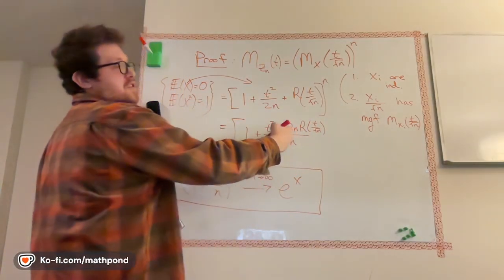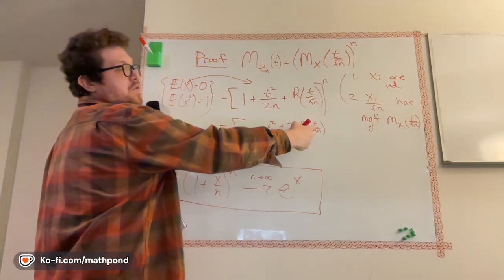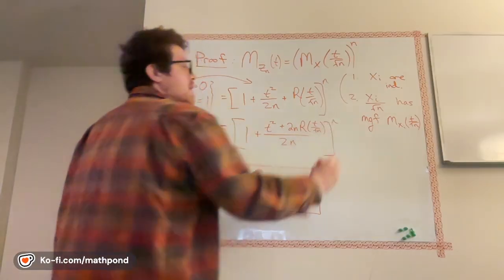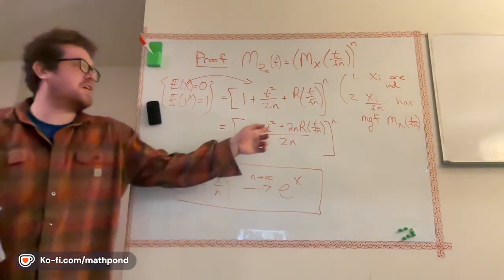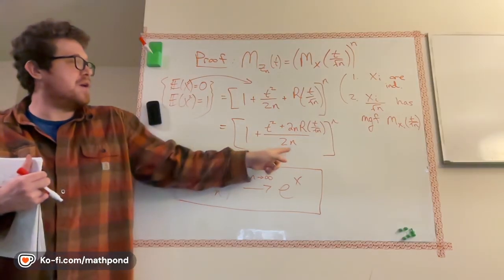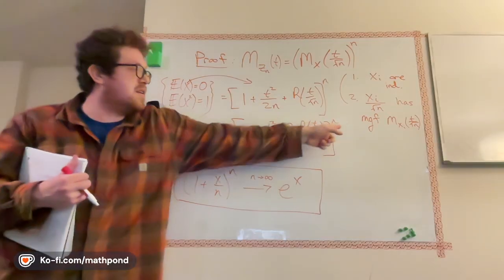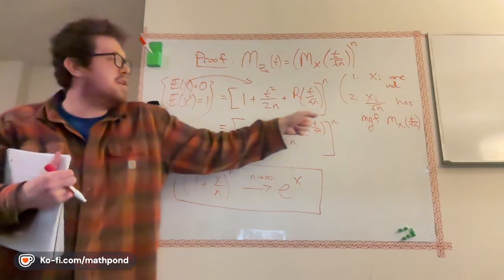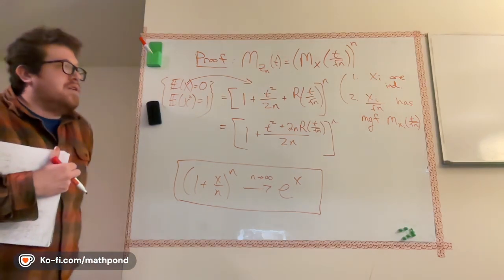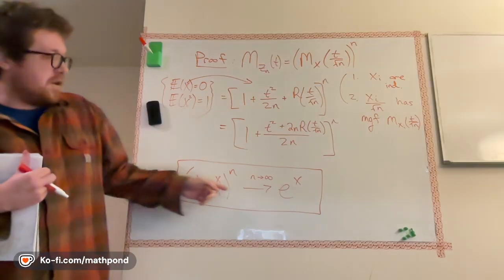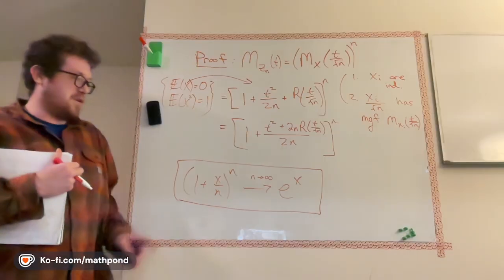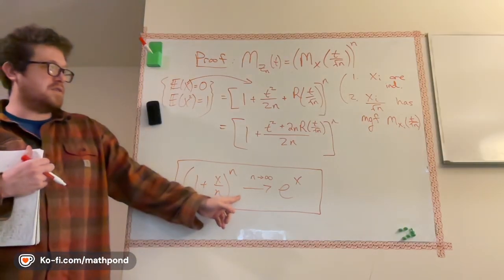And I want to show that this 2n r of t over square root of n goes to 0, basically. And then we'll get what we want because we have a sequence where this top thing is going to t squared over 2, divided by n, and then to the power of n. So if this goes to 0, then we're golden. Because then in the limit it'll go to e to the t squared over 2. And that's what we want to show, according to this limit.